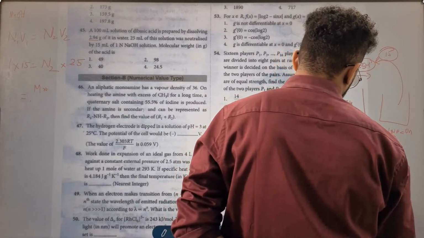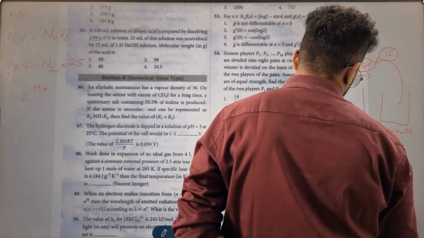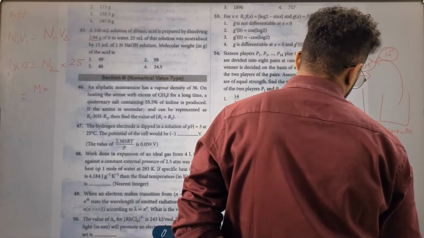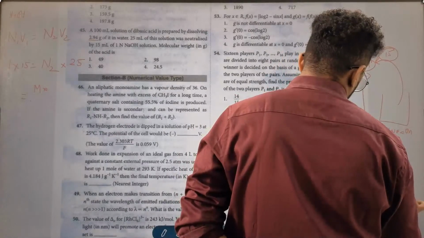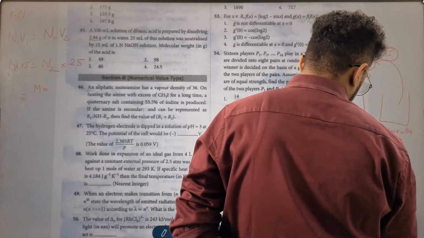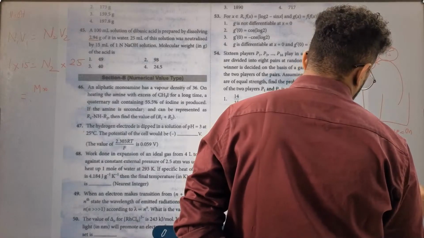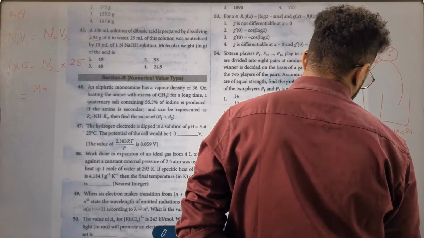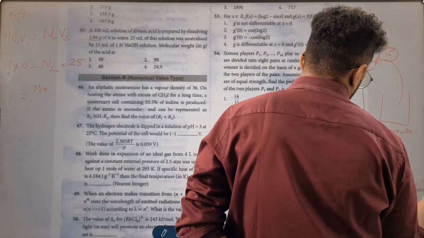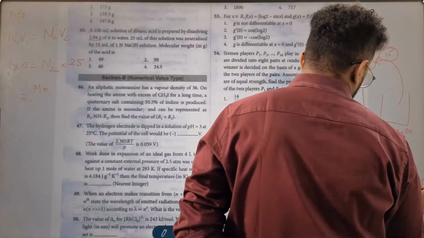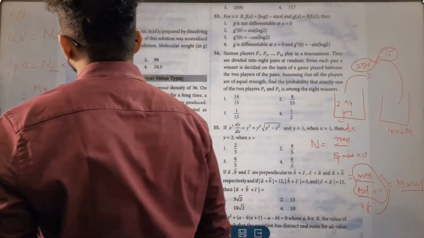Equivalent mass is molecular mass by valence factor. So this is molarity, and the valence factor will come. So molarity into valence factor.